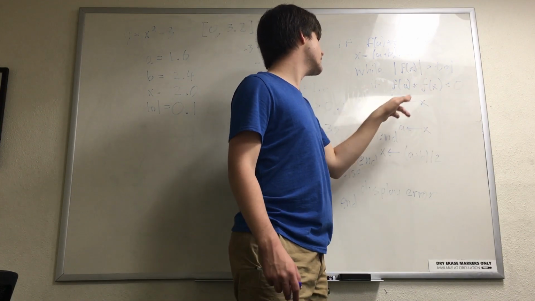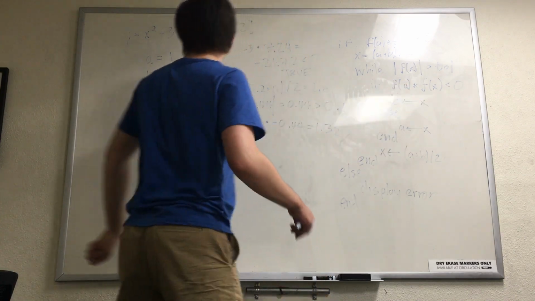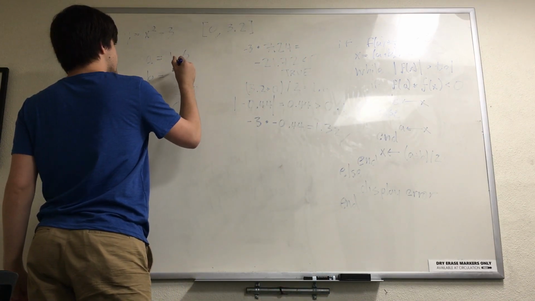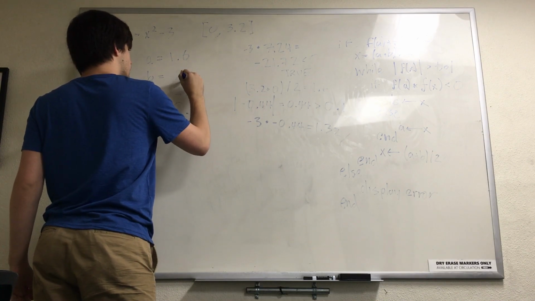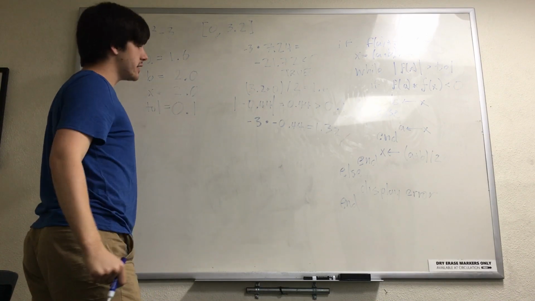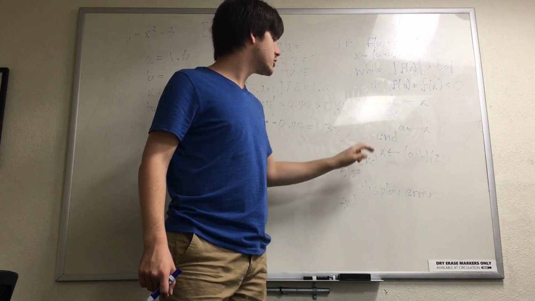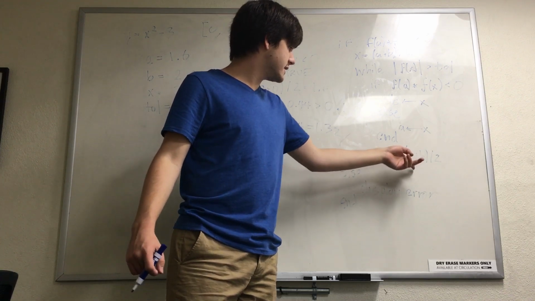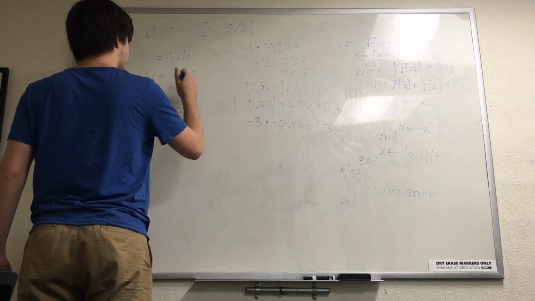Since that's less than 0, then we're going to set b to x. So b changes to 2.0. Okay? And then this else gets ignored because the if statement was true, and x is then set to a plus b over 2, which in this case would be 1.8.